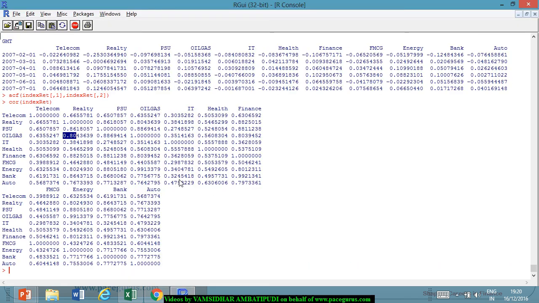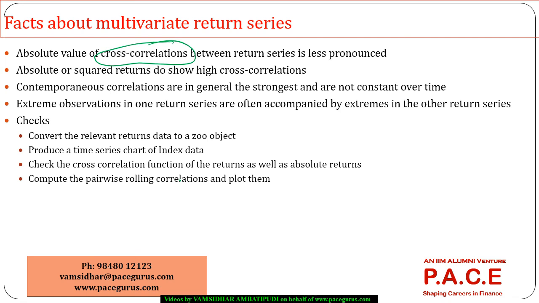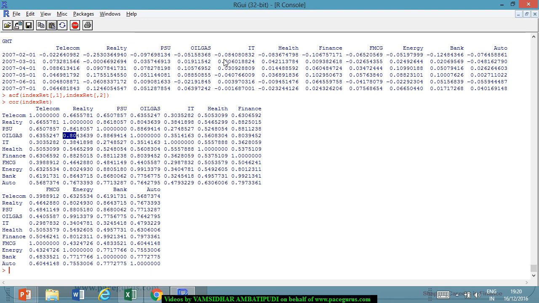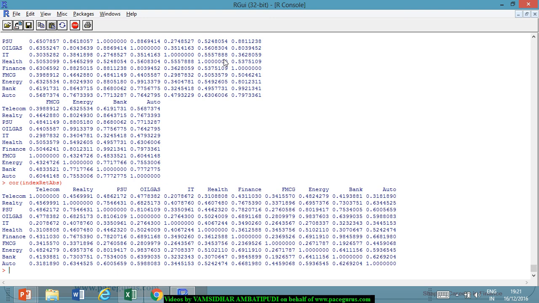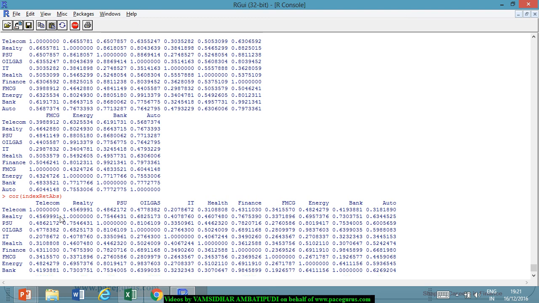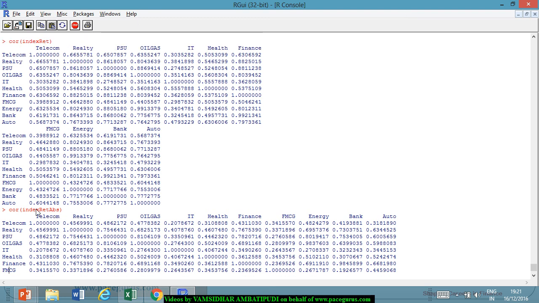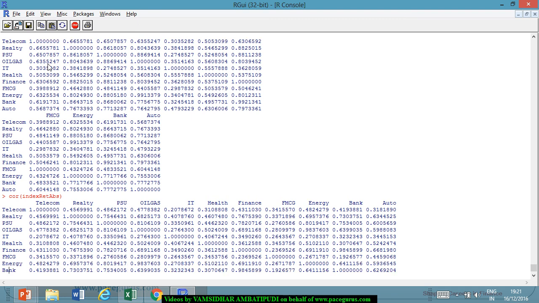And if I go back to the data, if I'm looking at cross correlation between the return series, the absolute values might be much lesser. But if I'm doing it with respect to the absolute returns, so let me take the absolute returns and try finding out the correlations across. We could see that in this case these are much lesser pronounced compared to the original correlation, whereas in some cases that's the case.